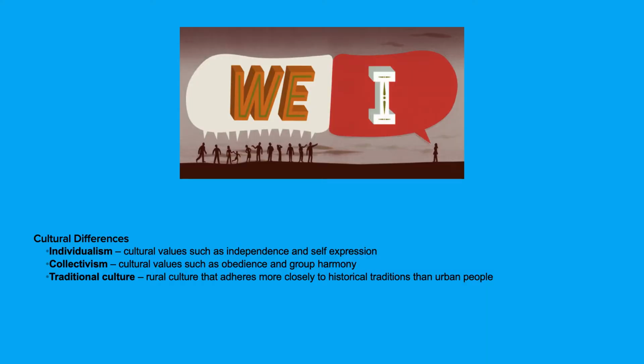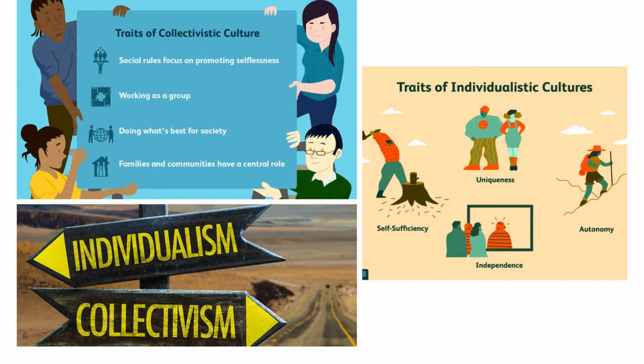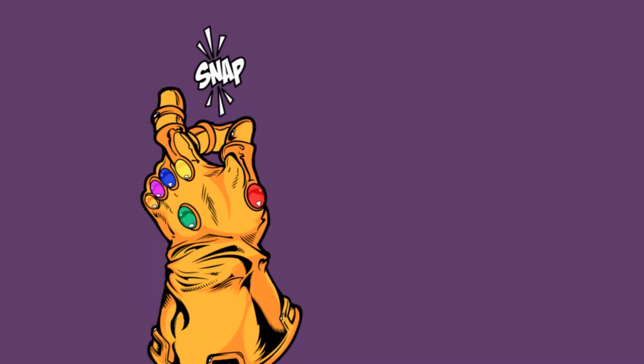Another difference between developed and undeveloped countries are their values. So you have individualistic versus collectivistic cultures. And there are pros and cons to both. I don't remember who said it, but somebody said the most dangerous words ever spoken are for the greater good. And a lot of bad things in life have been done for the greater good.